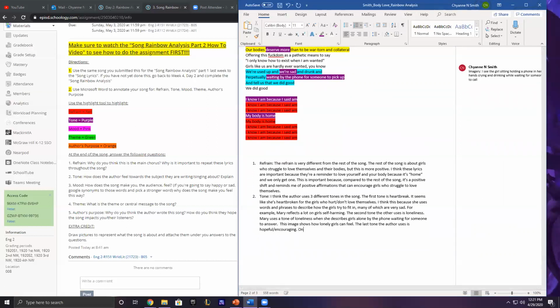One example of hopefulness in the song is when she chooses to say women need to reclaim our bodies, because to reclaim means to take back.